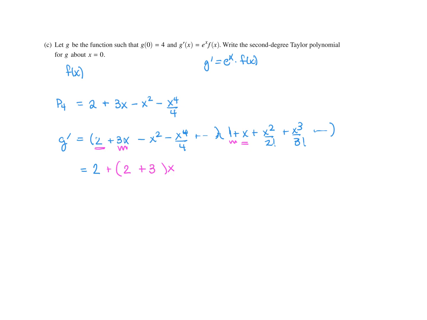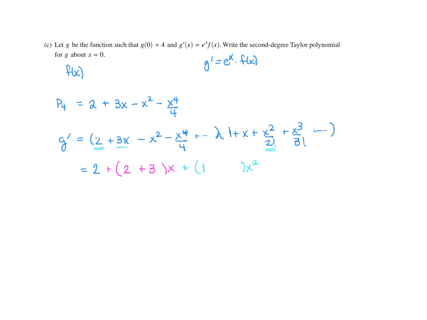And it said second degree. I'm going to go ahead and do one more. So the next thing, let's see, we want to do is our quadratic terms. So if I take this and multiply it over here, that's going to give our first quadratic term, which is 2 over 2 factorial, or 1.